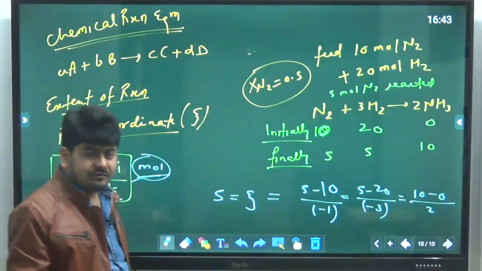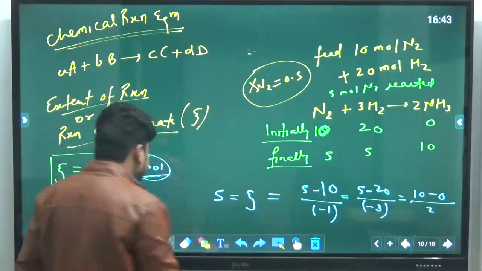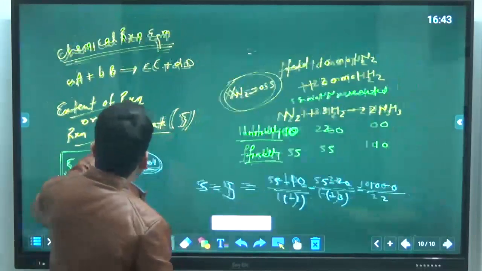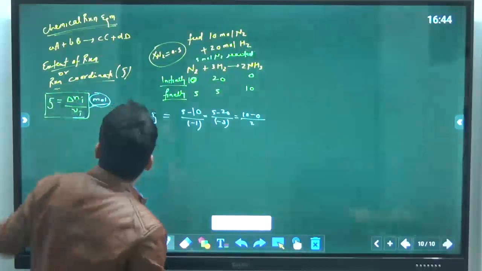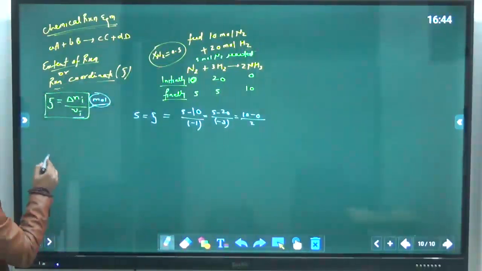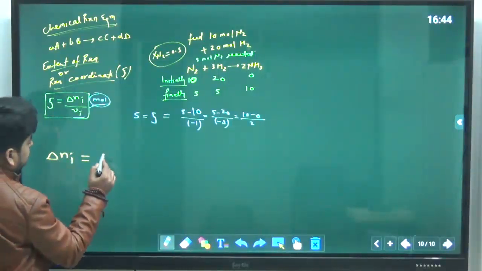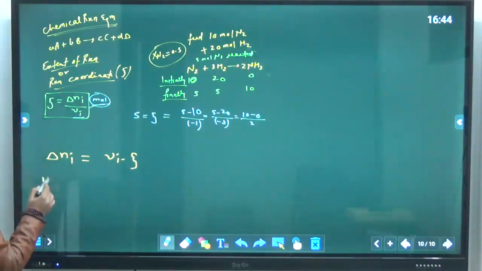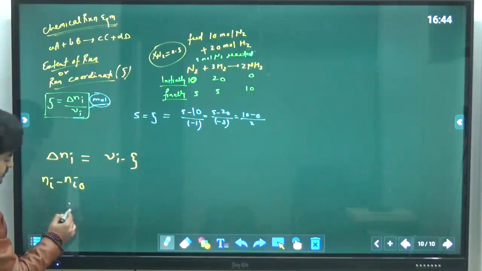Okay, so I hope that is clear to all of you. Now, with the help of extent of reaction, one more thing. See here, delta Ni will be equal to nu i into zeta. Delta Ni means final moles of i minus initial moles of i.